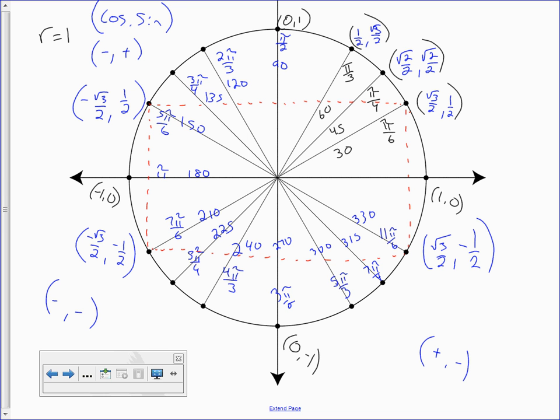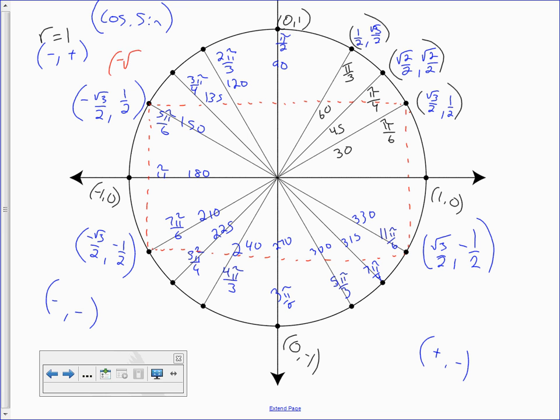Now, the other 6 ordered pairs mirror themselves out, just changing signs. So I know that pi over 4 is root 2 over 2, root 2 over 2. That means that at 3 pi over 4, what is the ordered pair?